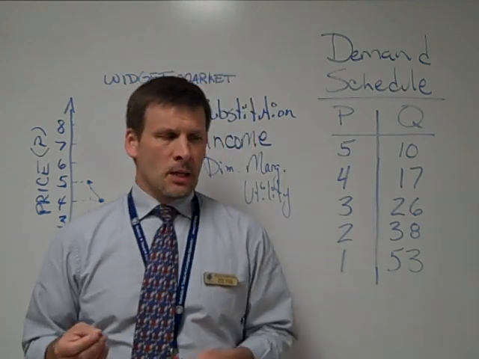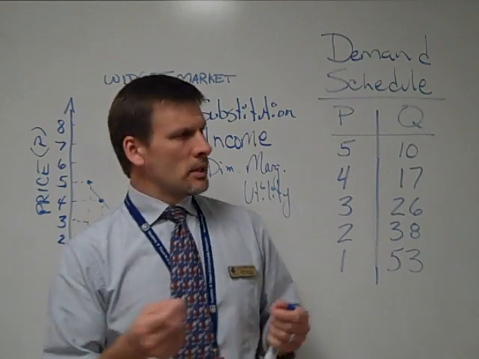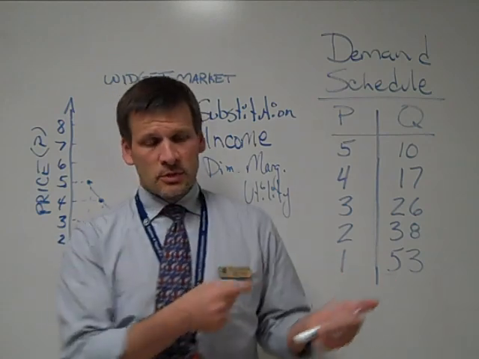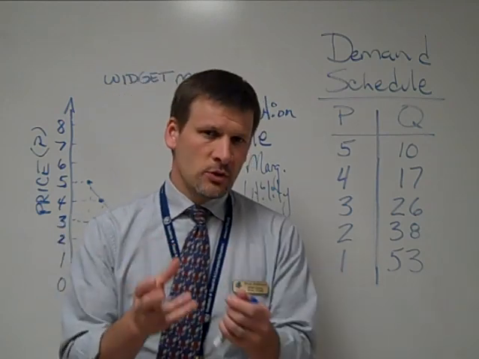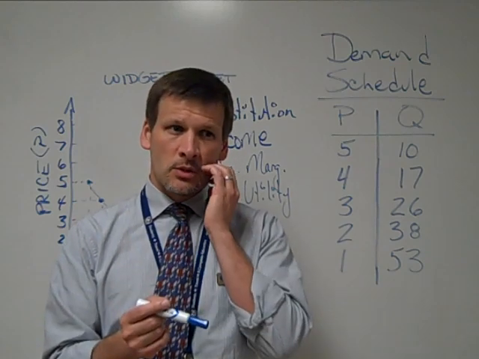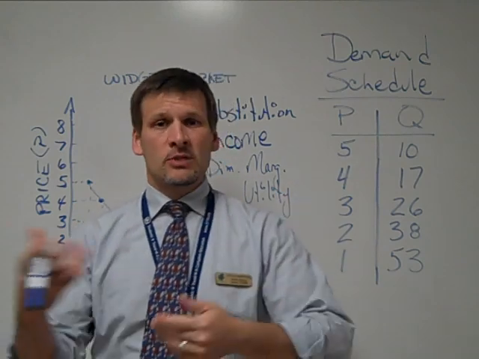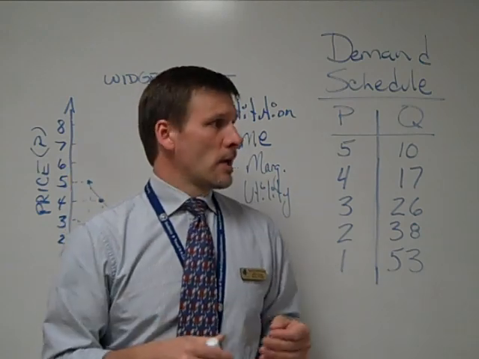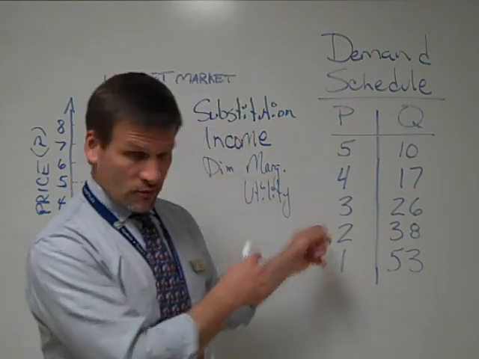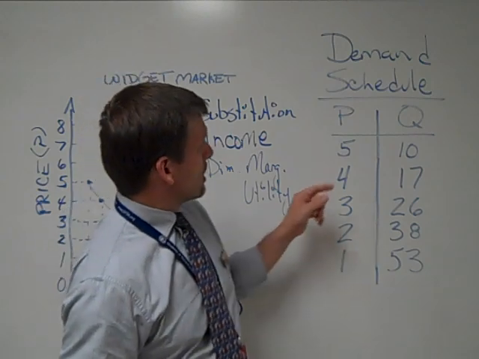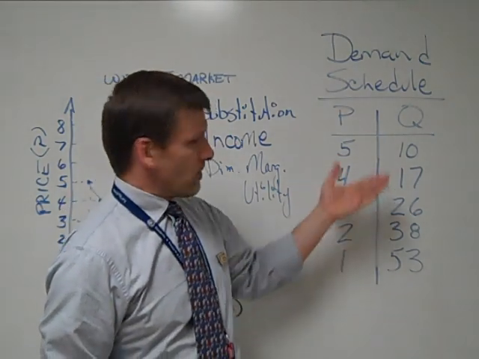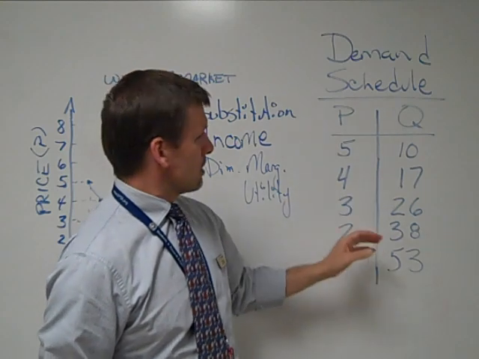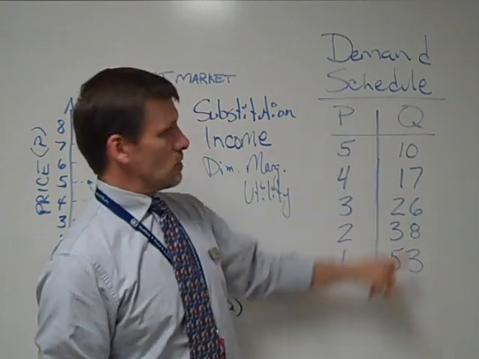Second thing, I'll use this chart to point out that the very first way we analyze demand is typically to gather some data about price and quantity. We put that data in a table and call it a demand schedule. I've written one up here on the board. This is a very typical demand schedule with two columns, one for price and the other for quantity.